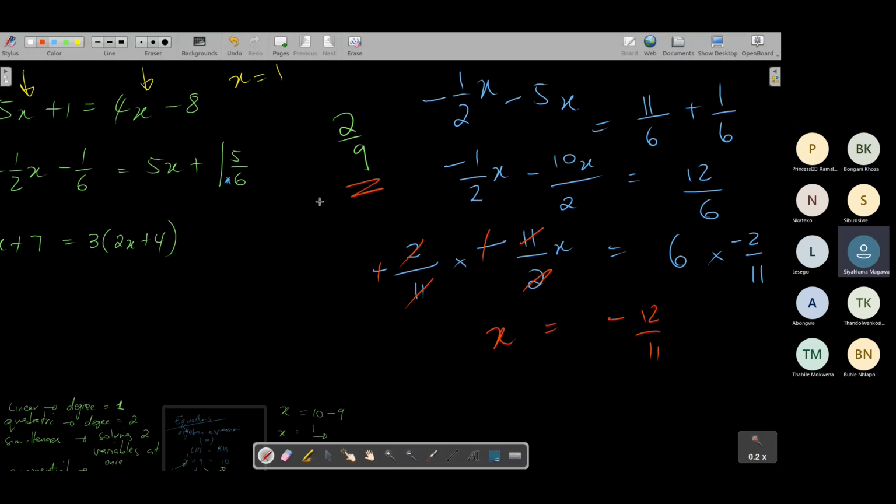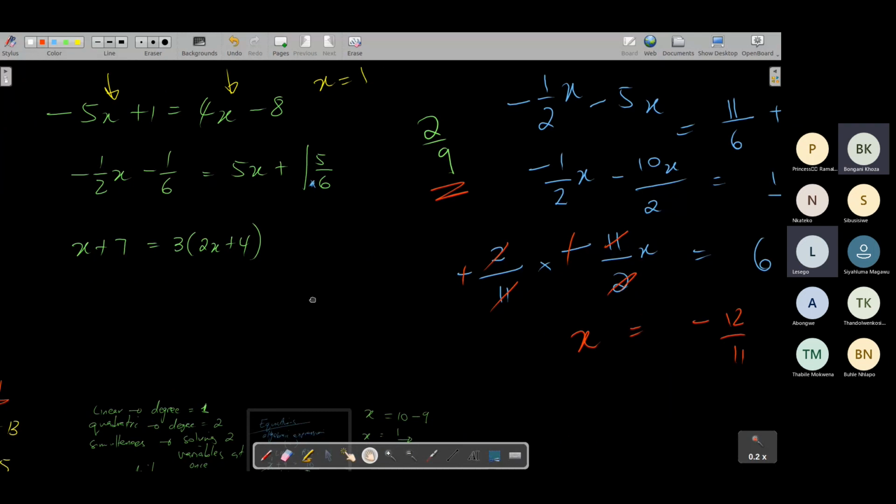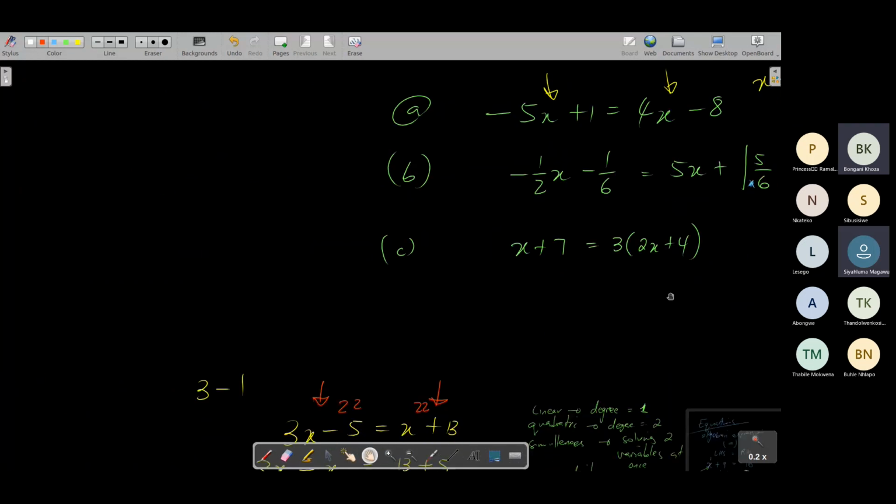How we got it. Let's check if this answer is correct. It's minus 12/11. Let's plug that in. So it will be minus 1/2 into minus 12/11, minus 1/6.